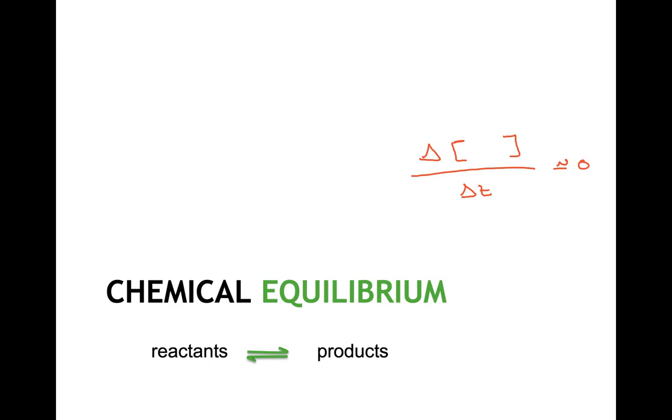It does not mean that the concentration of the reactants is identical to the concentration of the products. It simply means that the change in concentration over time is basically zero. The concentration is not changing over time.